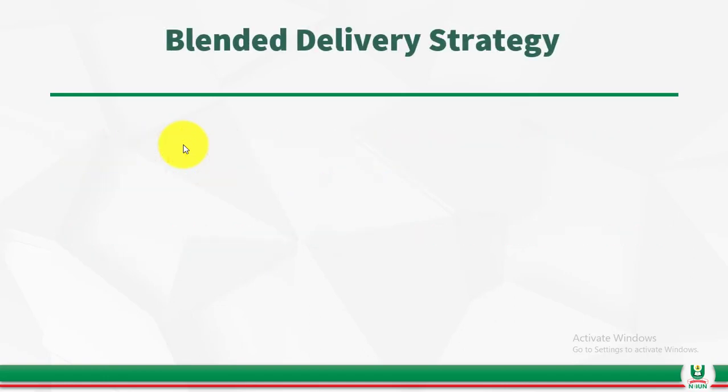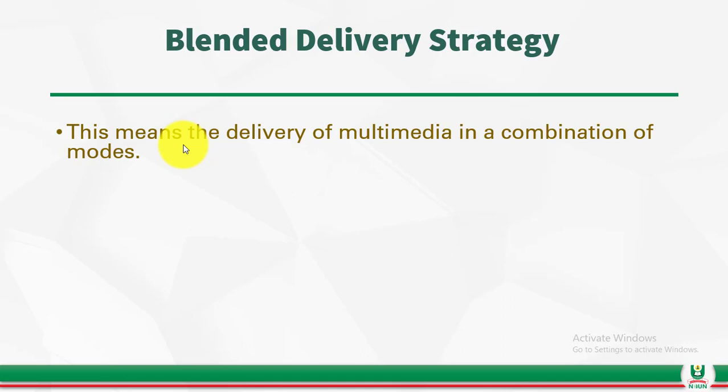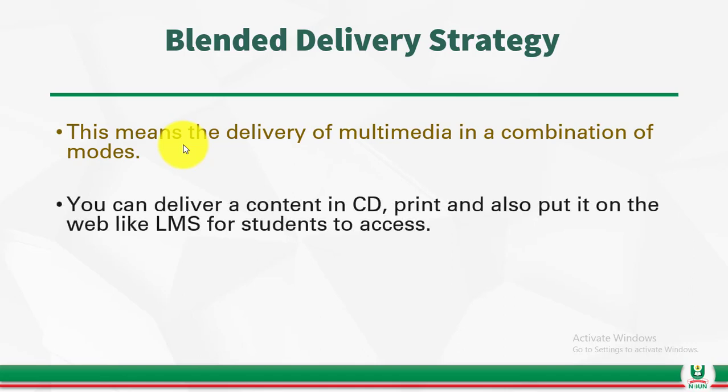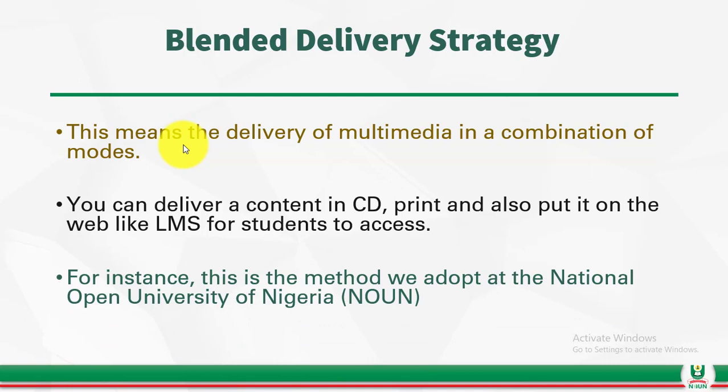Now, the third one is blended delivery system, and this has to do with the mix of different delivery modes. You can deliver a content in CD, print, and also put it on the web, like a learning management system, for students to access. And that is exactly what we do at the National Open University of Nigeria. For instance, you have your course material in print form, so you can read the text.